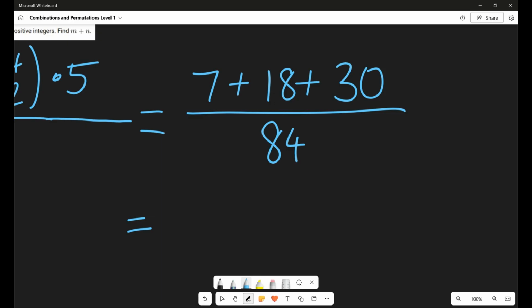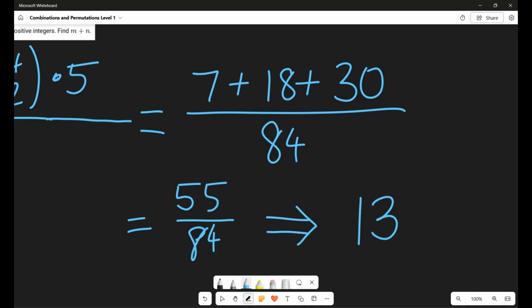Now this evaluates to 55 over 84. We can't simplify this further, so we just add our numerator and denominator to get our final answer of 139.